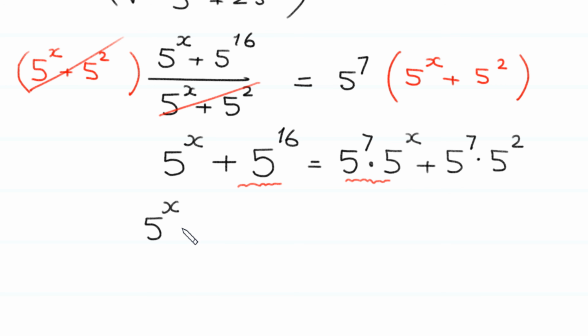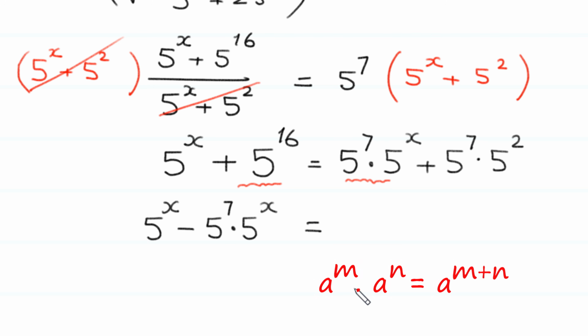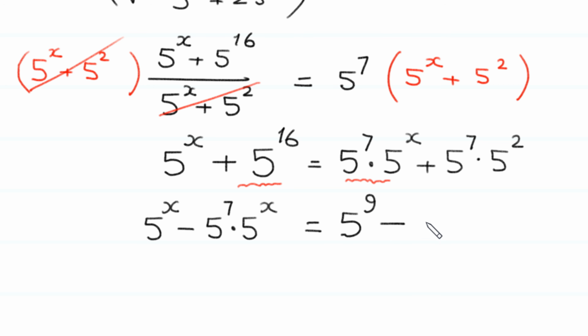This positive 5^7 times 5^x becomes negative 5^7 times 5^x is equal to, according to the property of exponents, a^m times a^n is equal to a^(m+n). This 5^7 times 5 squared becomes 5^9, and this plus 5^16 becomes negative 5^16.